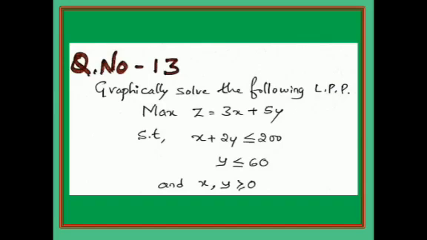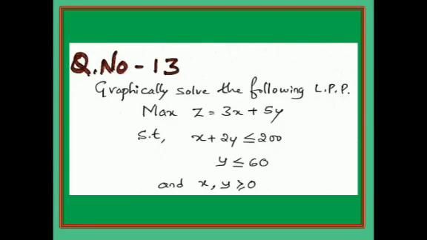Fine. So maximization of z equal to 3x plus 5y, what is given, is called the objective function. S.t. means subject to: x plus 2y less than or equal to 200, y less than or equal to 60.